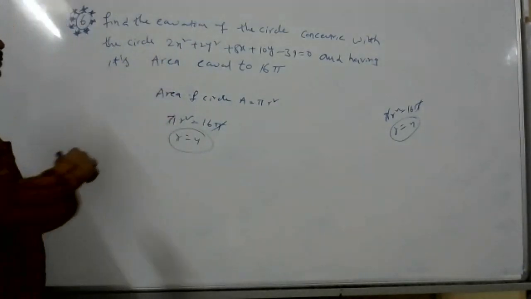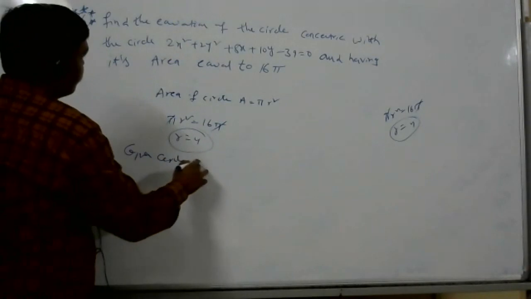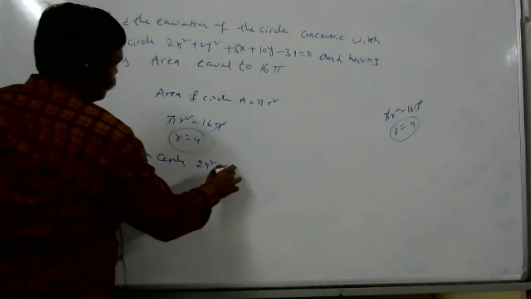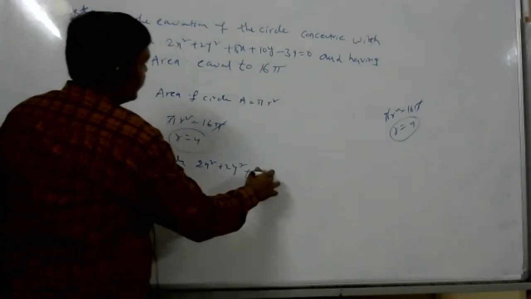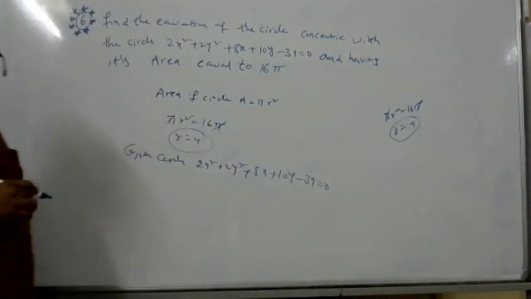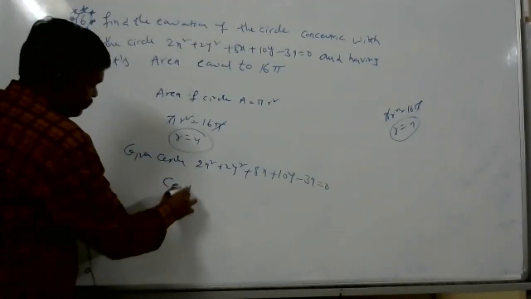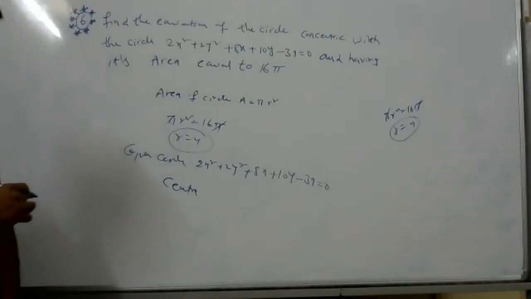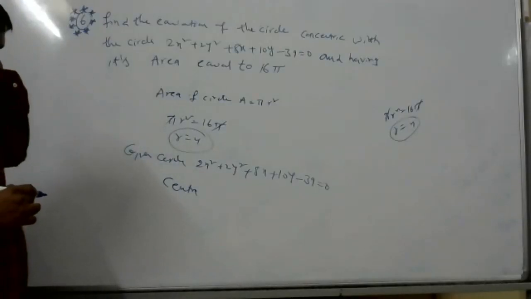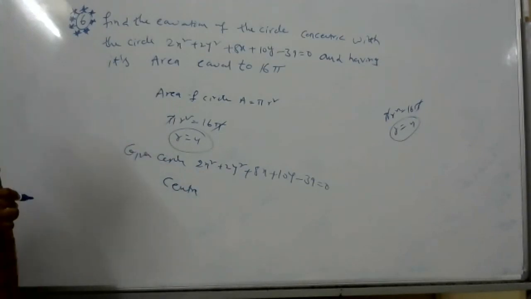Center, find. The given circle is 2x square plus 2y square plus 8x plus 10y minus 39 is equal to 0. Center is equal to, dividing by 2, x square plus y square plus 4x plus 5y minus 39 by 2.